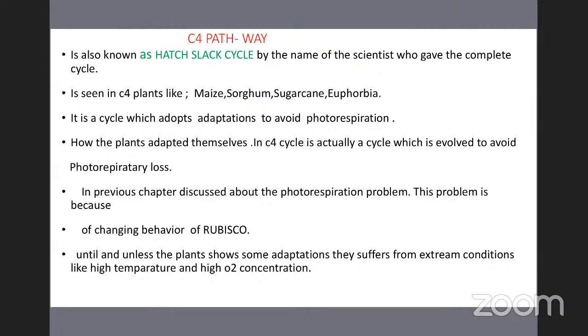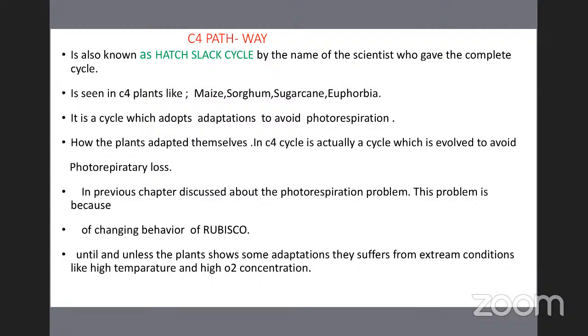By showing some different adaptations or structural changes, they escape from photorespiration. So it's a cycle which adapts adaptations to avoid photorespiration.